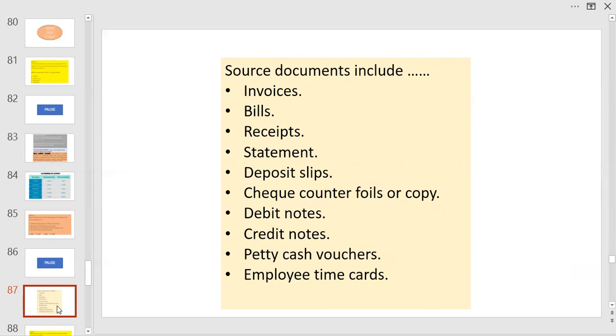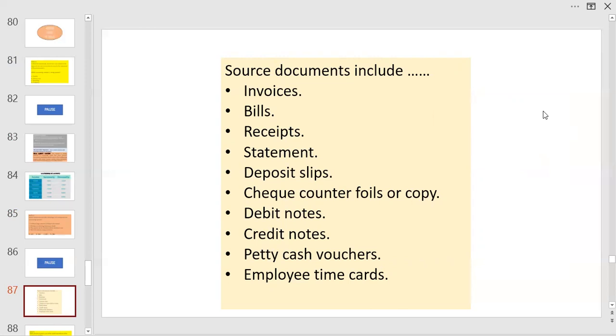As in all systems, whether manual or computerized, you will have to have your information. The basis is your source document. Through that only you are getting the information about a transaction or an event. For example, there is an invoice whose amount is, say, 8,700.